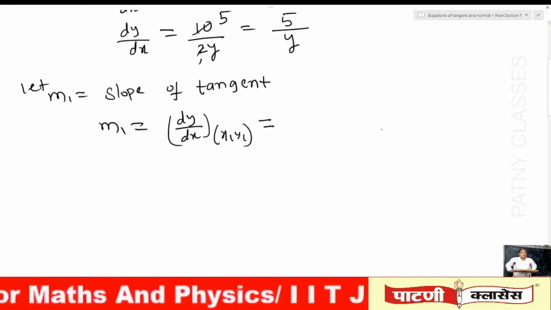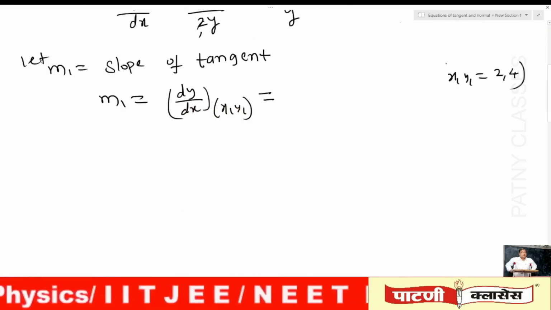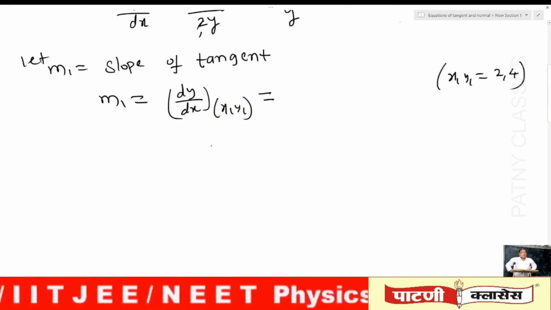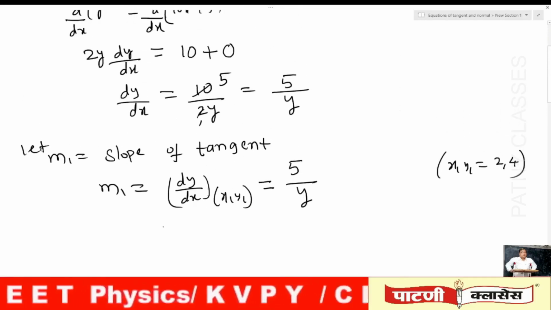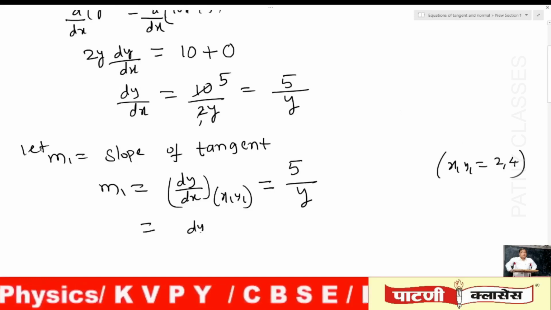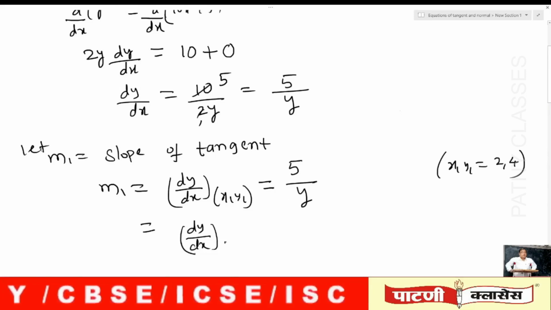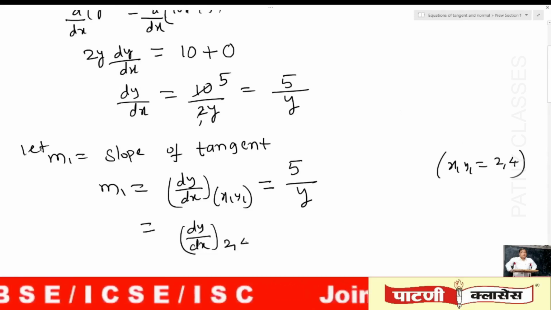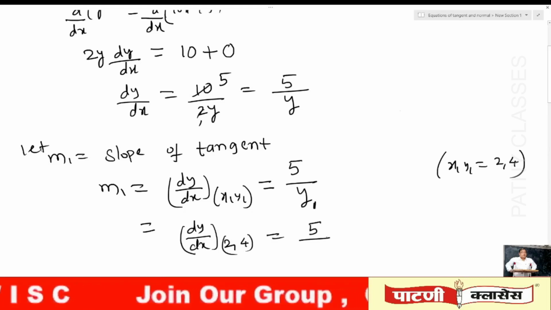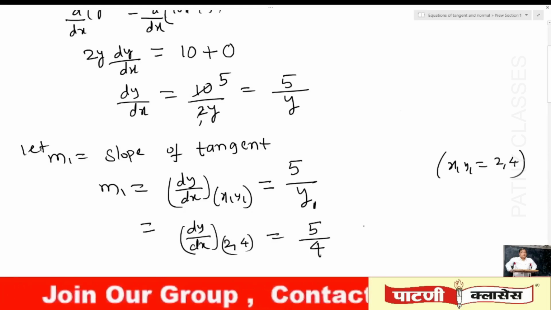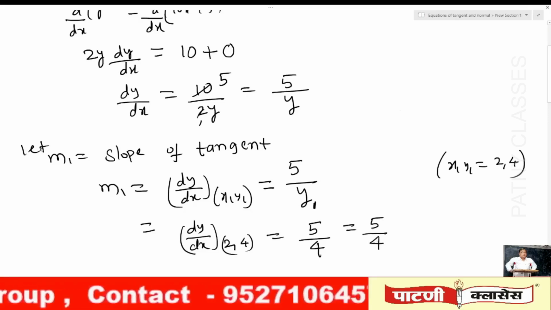We already have dy by dx as 5 upon y. Putting x1 equals 2 and y1 equals 4, we get 5 upon y1, which is 5 upon 4. Therefore the slope of tangent is 5 upon 4.